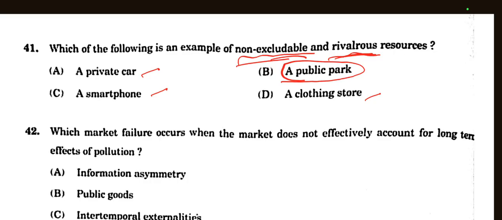So this makes it a type of common resource. So option B is the right choice. All other options are private goods.